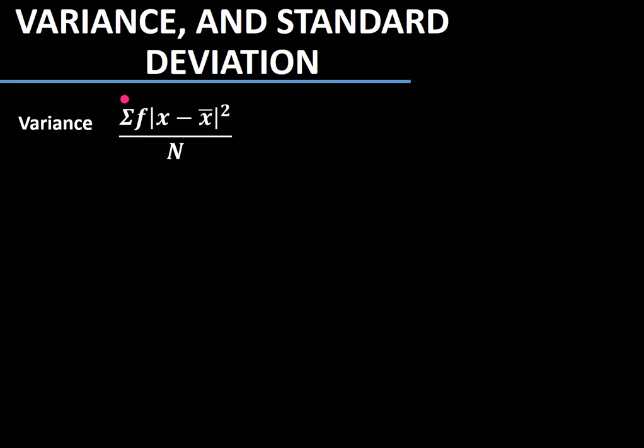This means summation of f multiplied by (x minus x bar) squared. X bar means mean. So you have to first work with (x minus x bar) squared before you multiply it by the frequency, and then everything is divided by this n.